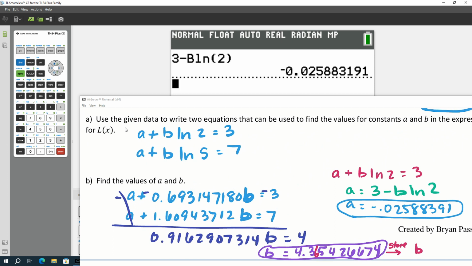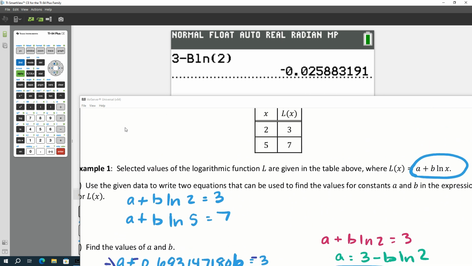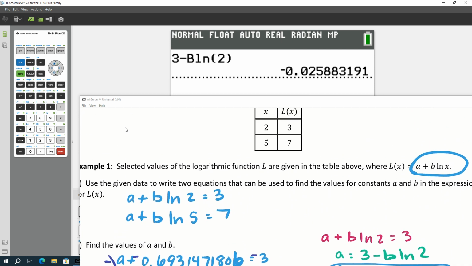All right, so that's not super fun. Whenever there is a situation like this one, where the type of equation is the natural log, there is a shortcut we can do. So I'm going to show you the shortcut. Each time you're asked to do this, you need to double check to see if you can do the shortcut.